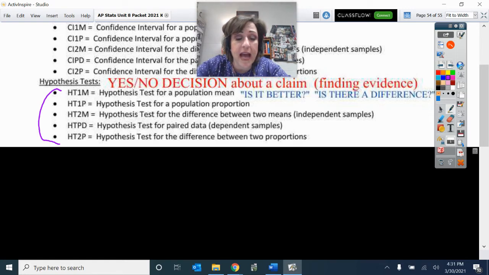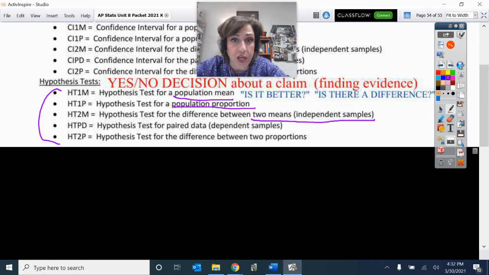So we could have a hypothesis test for one mean or one proportion. We could have the hypothesis test for two independent means. Is there a significant difference between the average GPA for men and the average GPA for women? Paired data, again, these are for means, and then two proportions. So those are all those things.